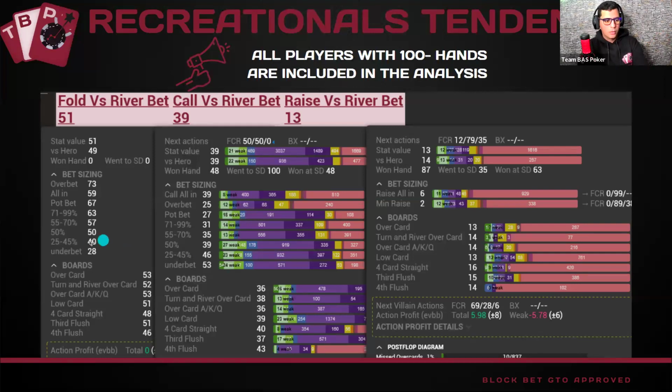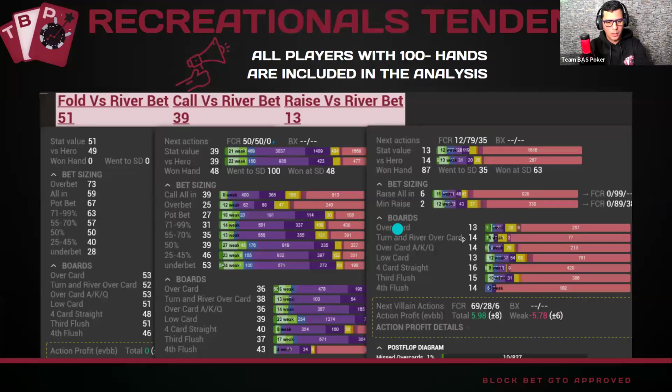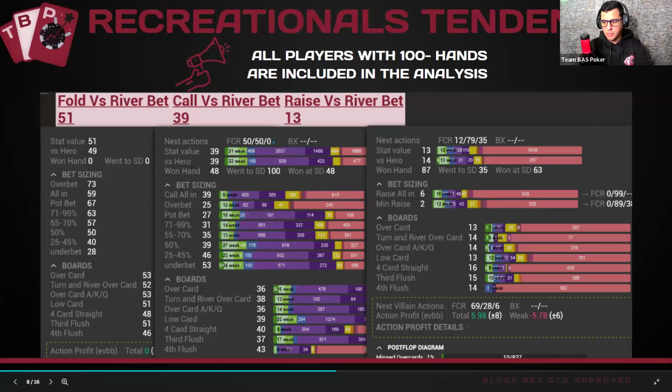And actually here you are having more fold frequency and more call and very low raises. So the raises here will be, instead of 19%, just 14%, which is definitely fine. So this is for the recreational, and you can see the overbet generates more fold than all-in.